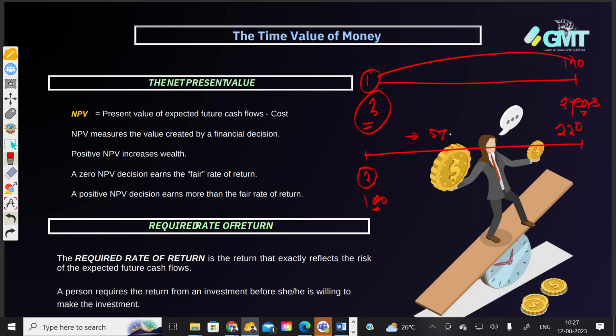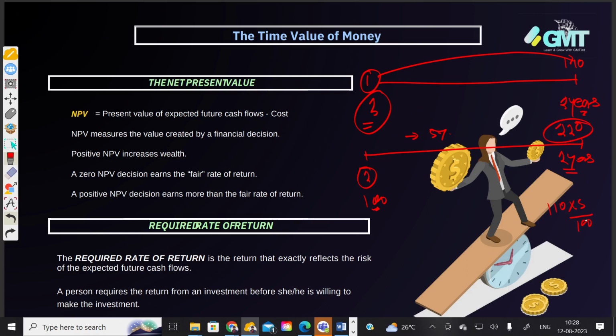So now you tell me, if I ask you after 1 year how much return you have earned throughout this year, I'm sure your answer would be that you can apply the 5% on this total investment, 110 into 5 divided by 100.